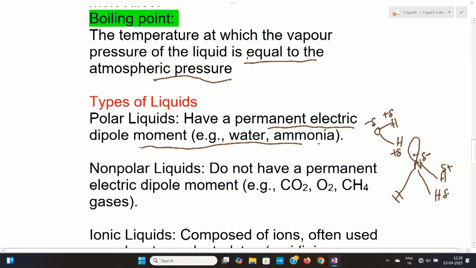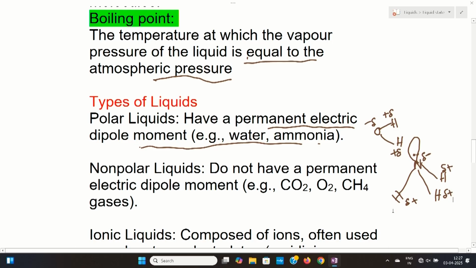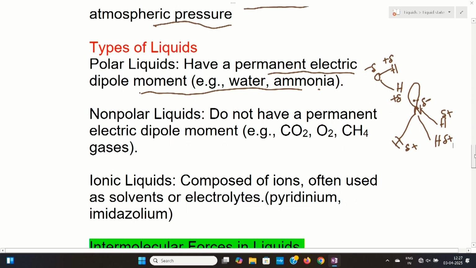Here also there is a separation of charges, and these charges are not cancelling each other. Therefore, ammonia is also a polar liquid. I hope you understood the polar liquids. Next, we are going to see non-polar liquids. As I said earlier, non-polar liquids do not have a permanent dipole moment.